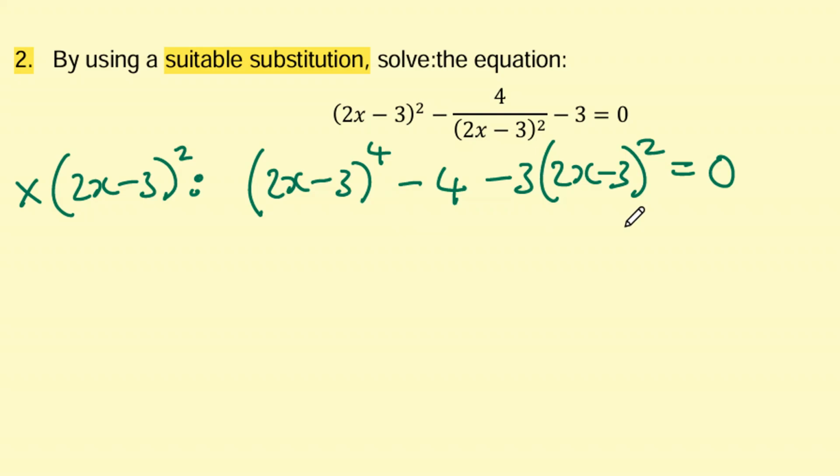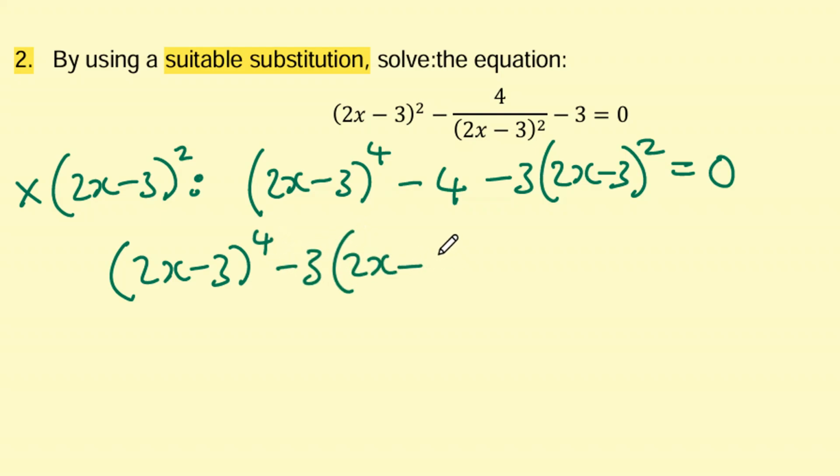Now we want to rewrite this equation with descending powers. So it's 2x minus 3 to the power of 4 minus 3 into 2x minus 3 squared minus 4 equals 0. So now you should note that the power of the first term here is twice the power of the second term. And that means it's a hidden trinomial. So we can use k-substitution.